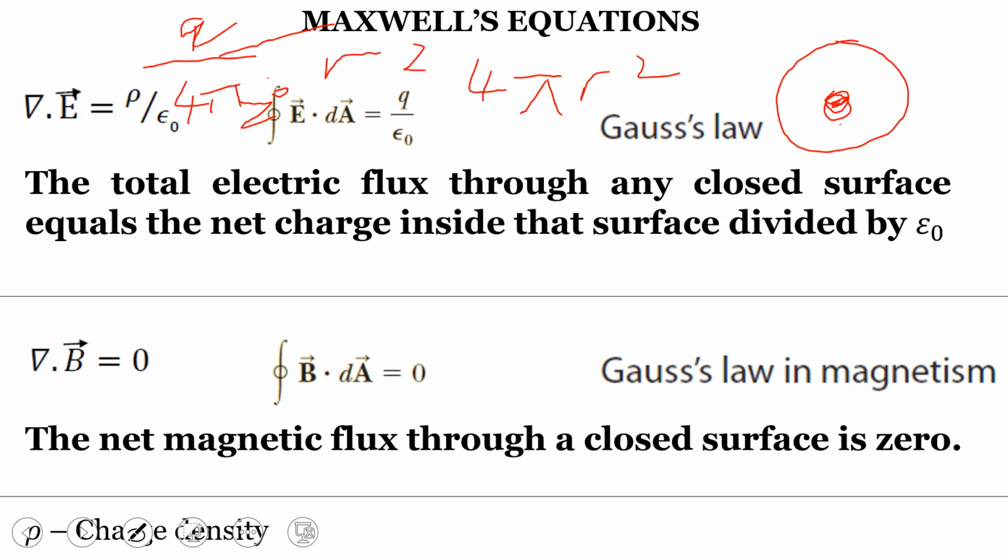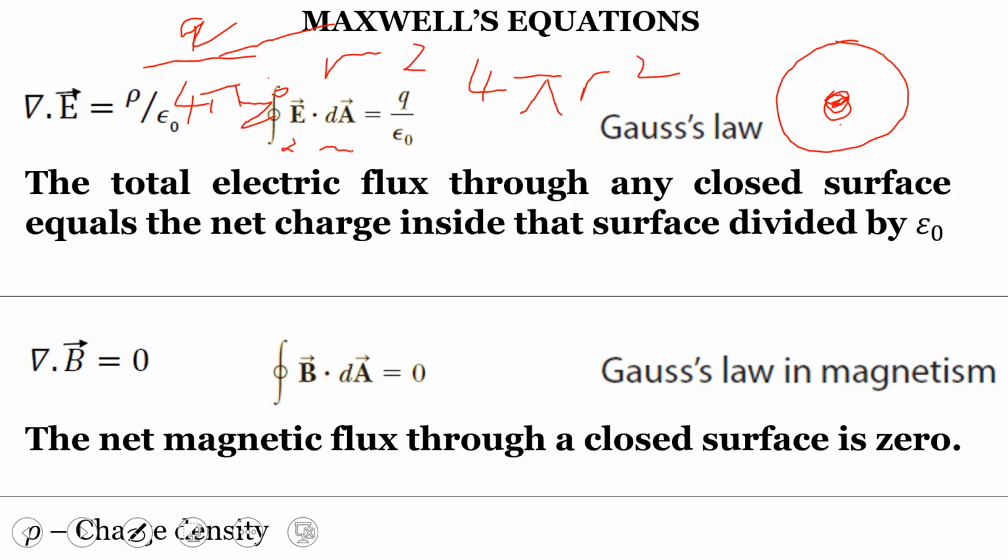So the total flux through a closed surface equals the net charge. The enclosed surface here is a sphere, with 4 pi r squared as area, so the product of the electric field E and the area A.